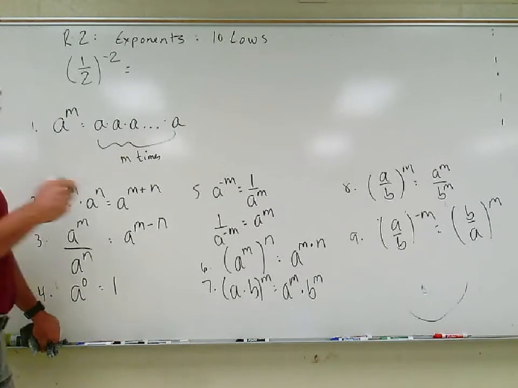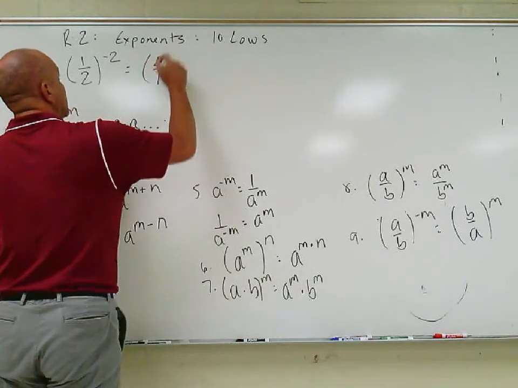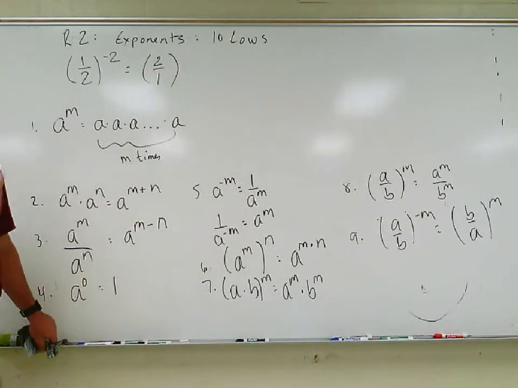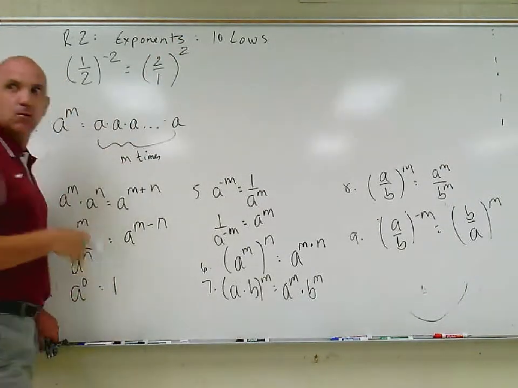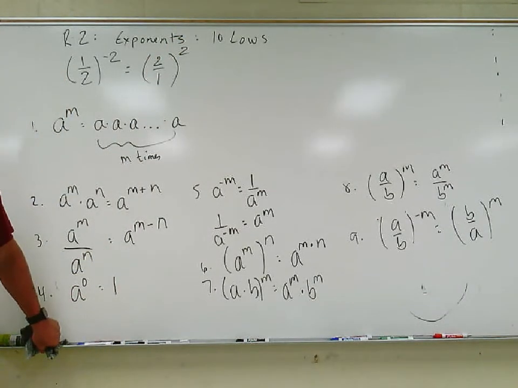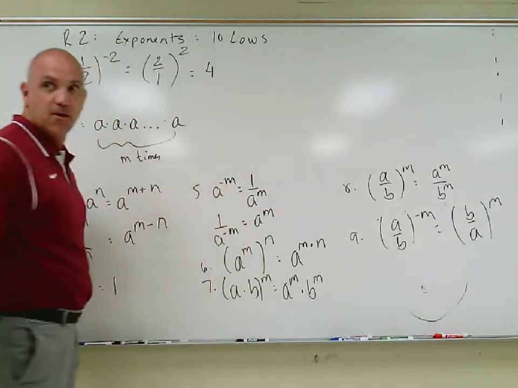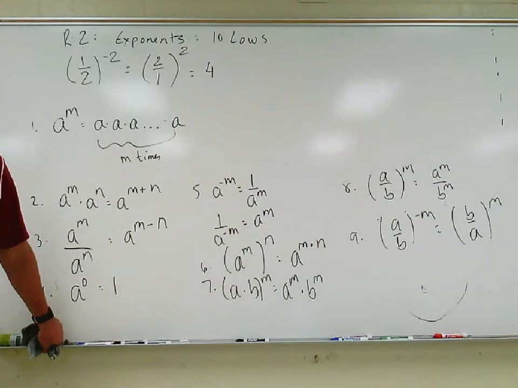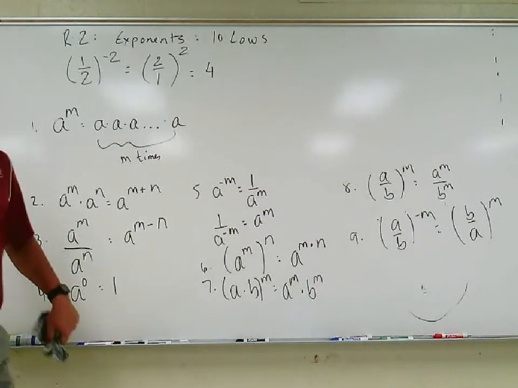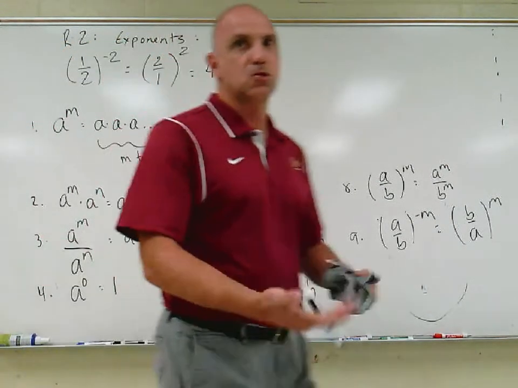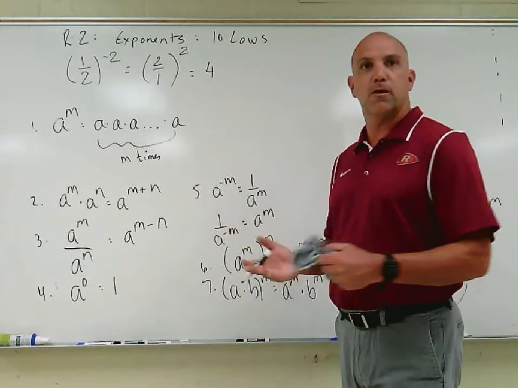Flip your fraction and make the exponent what? Positive. Which problem looks better? The one on the left or the one on the right? The right, yeah. And now you're just left with 2 squared. Well, what's 2 over 1 squared? 4. What did you get? I got 4. You got 4. That's it. Okay, does everybody see the rule there? So he typed it in on his calculator just to show that we got it.